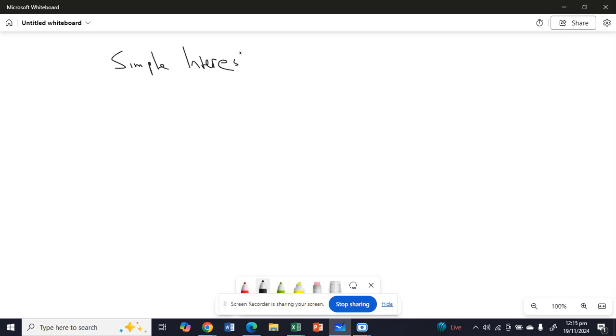So if you want to find out how much you're going to have after some time, this is the formula. A equals P, the principal, times 1 plus the interest rate multiplied by the time.